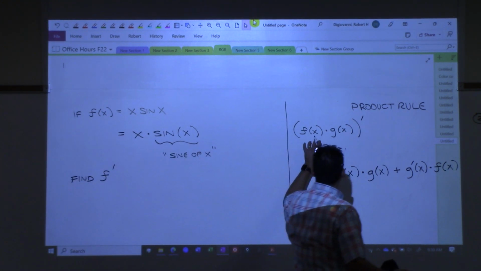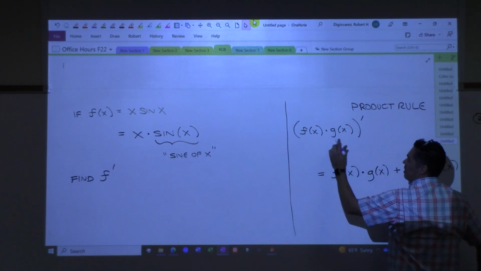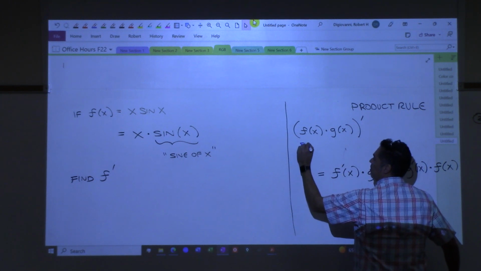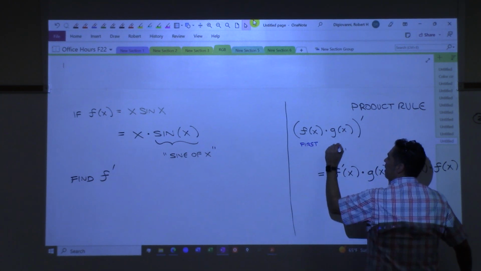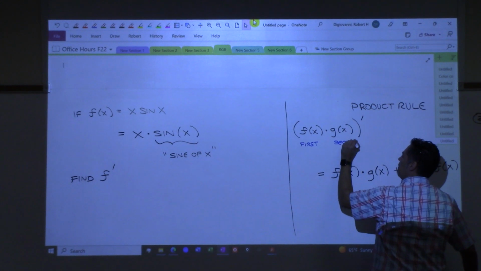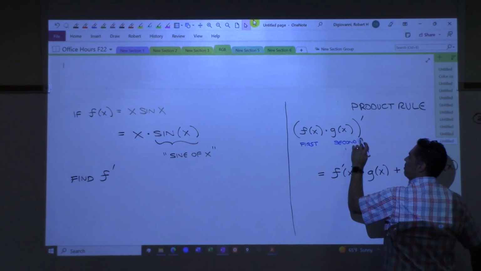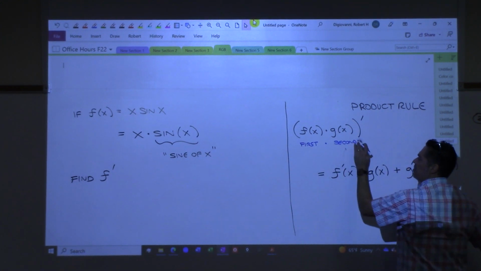So instead of thinking about it like f and g, I want you to think about it as this is like the first function in the product, and this is your second function, right? So you have the first function times the second function.